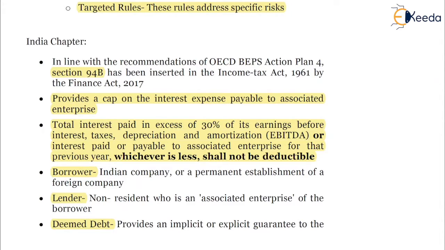In such a case, the loan by the third party lender will be deemed to have been given by the associated enterprise only, and accordingly 94B will continue to be applicable. So a loan provided directly or indirectly by an associated enterprise will be subject to the 94B limit on interest deduction.